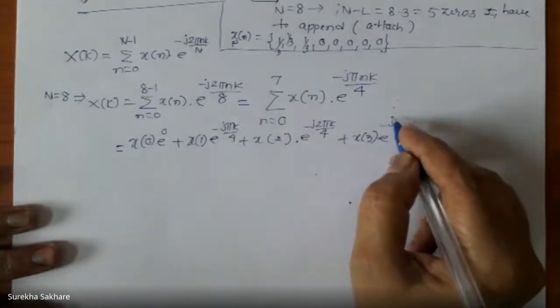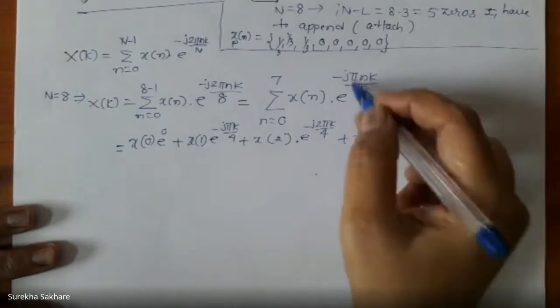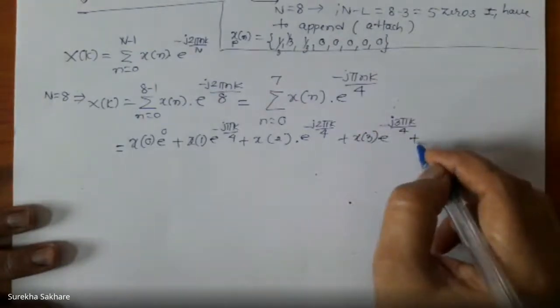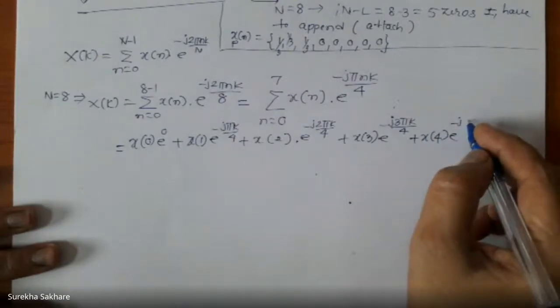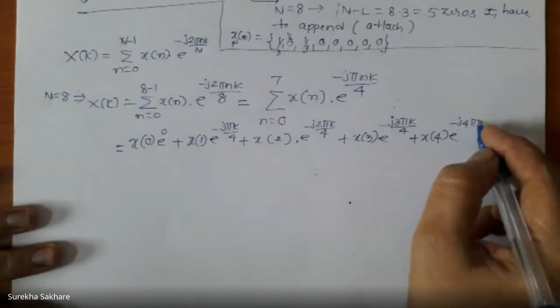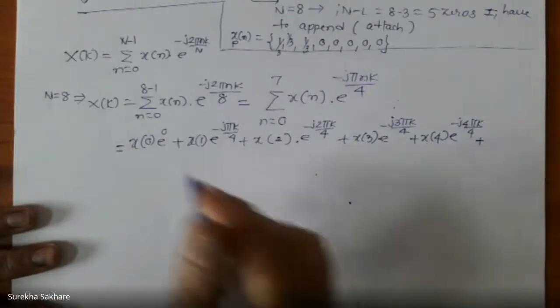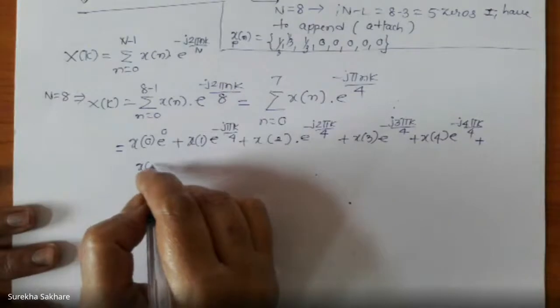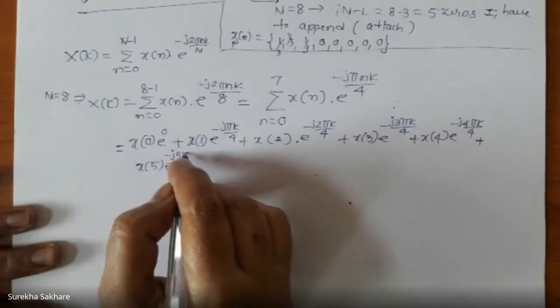Now this we don't have to simplify, we have done it once. Now x of 4, e raised to minus j 4 pi k by 4. And we have x of 5, e raised to minus j 5 pi k by 4.